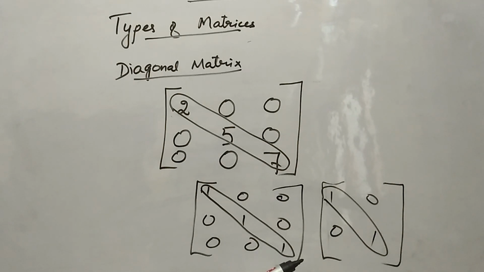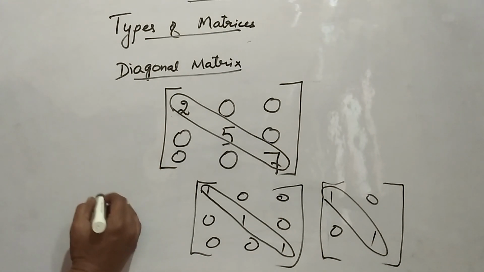Unit matrix is a diagonal matrix in which each element in the diagonal is equal to 1. This is the unit matrix.